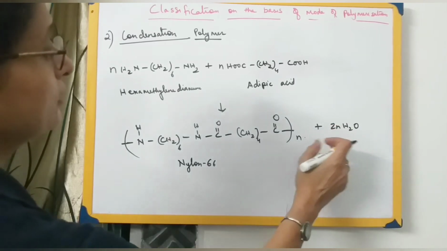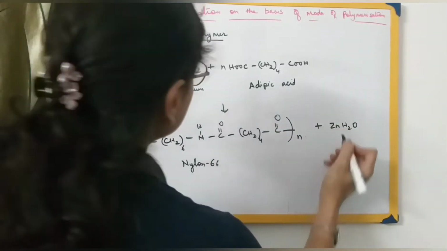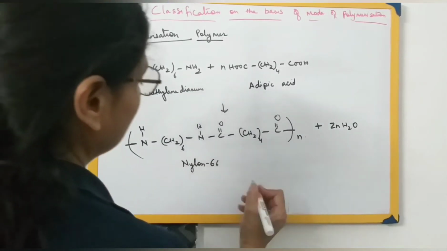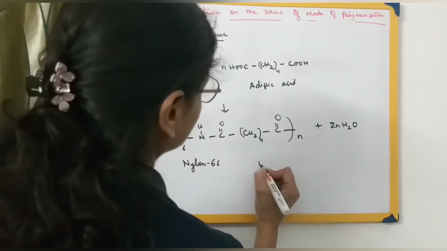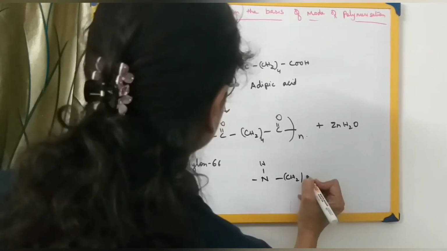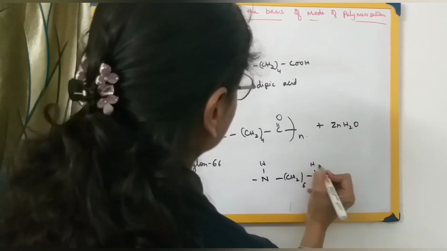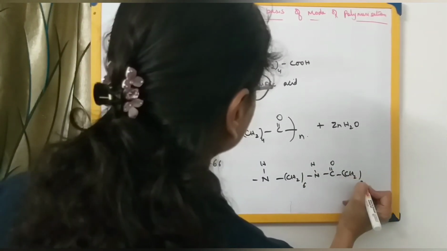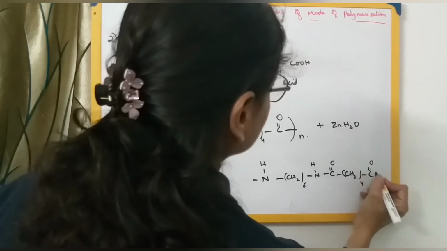So we write down over here 2NH2. In this example, the repeat unit, if I write it this way, is NH (CH2)6 NH C=O (CH2)4 C=O.